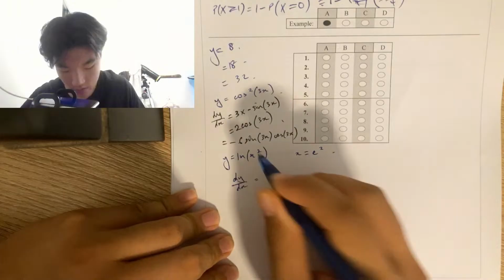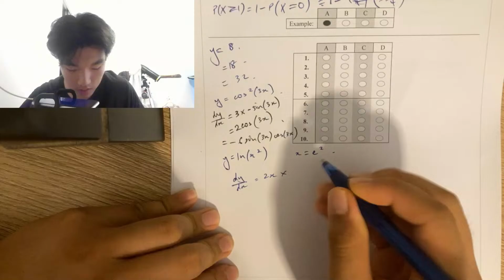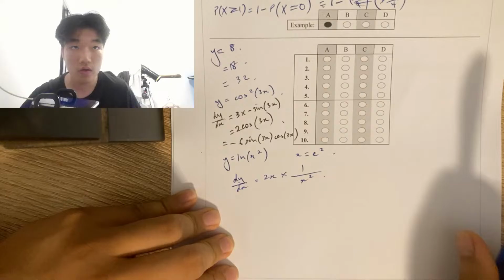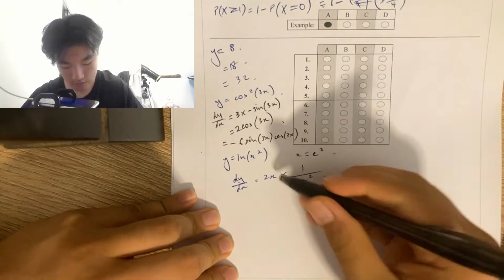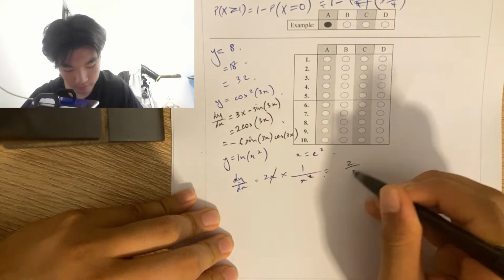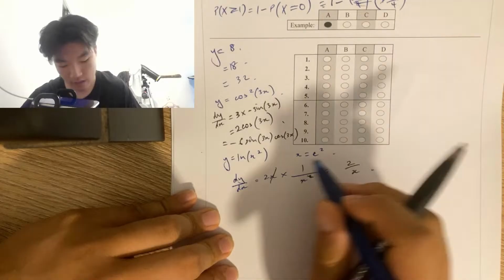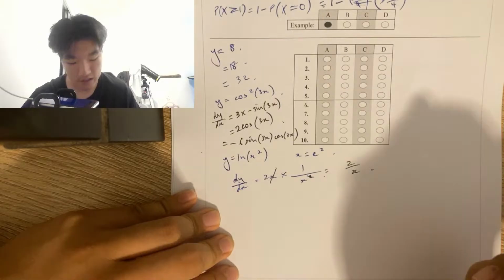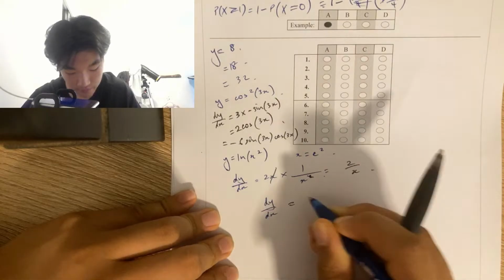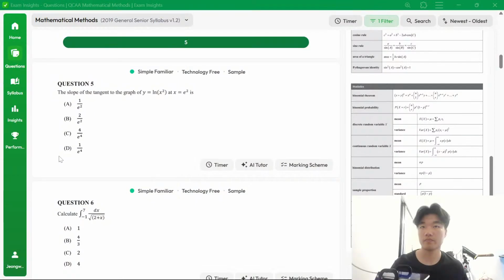The derivative of x squared is 2x, and we times it by how we derive in the brackets. Okay, so we get that. We can cancel one of the x's out, leaving us with 2 over x. Yep, like so. And then we want the derivative at the x value e squared. So we sub that in. So it just becomes 2 over e squared, which is B.